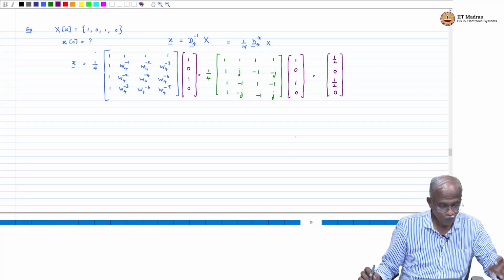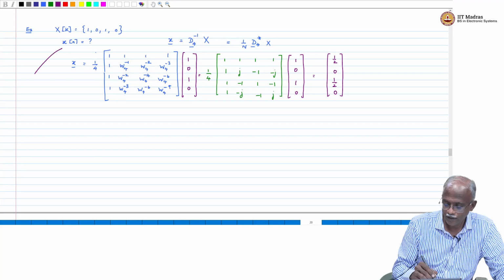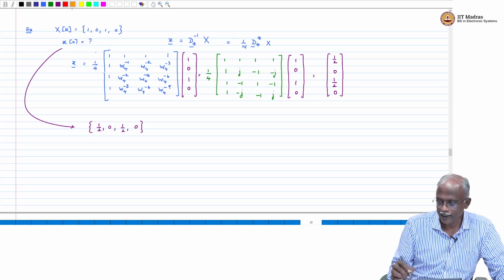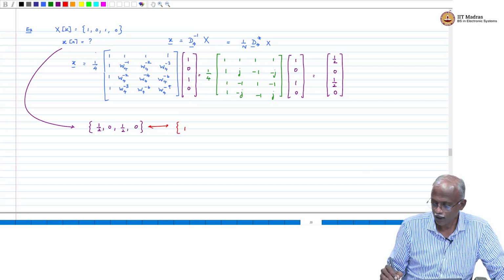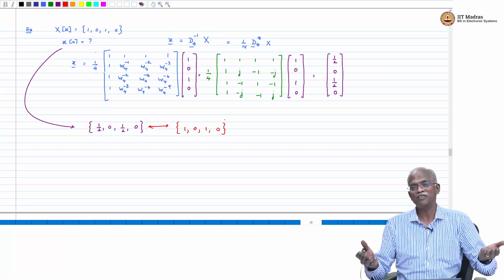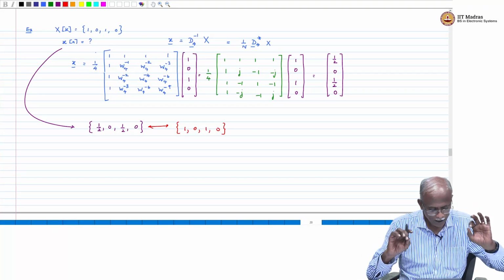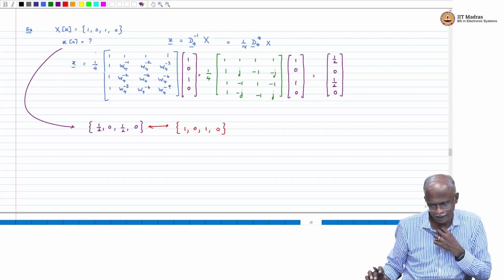So what we can say is the following: x of n is 1/2, 0, 1/2, 0, and the corresponding DFT coefficients are given by 1, 0, 1, 0. We may not have guessed it from looking at it, but go through the operation and be able to verify that.